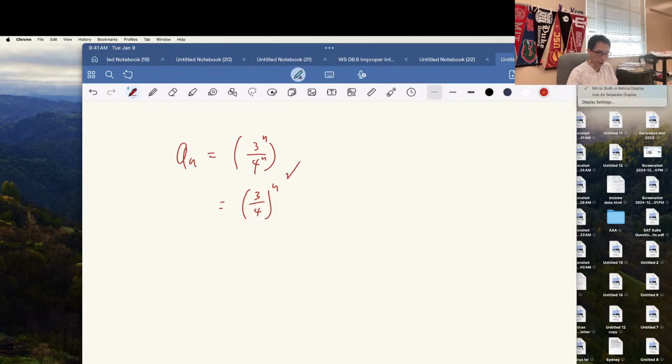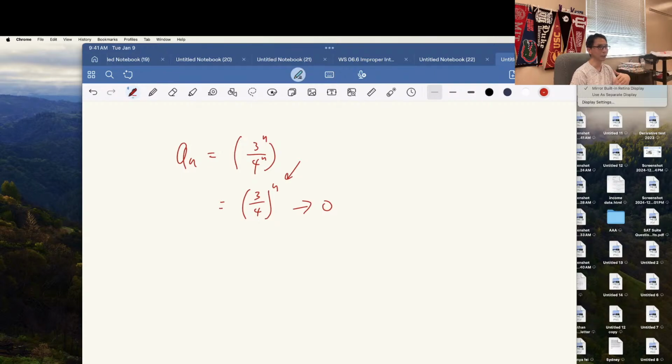But if we go to infinity, what will happen? If (3 over 4) to the n goes to infinity, it's going to be what? It's always going to go to 0. Why is that? Because you can do 0.9 times 0.9 times 0.9 times 0.9. As long as that is less than 1, then you'll eventually go to 0, because you're going to take 90% each time and multiply an infinite number of times.